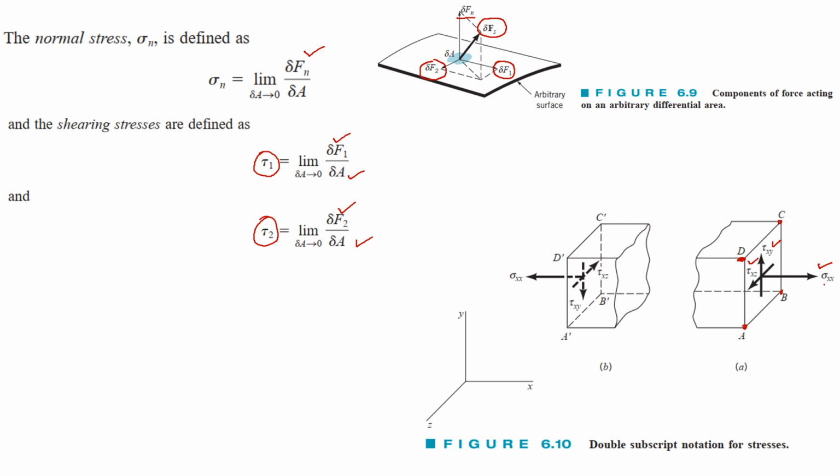By the two subscripts we are actually representing two things. You can see that the shear stress has two subscripts. The first subscript represents the direction normal to the plane, that is, the normal direction of this plane A, B, C, D, in which the stress is occurring.